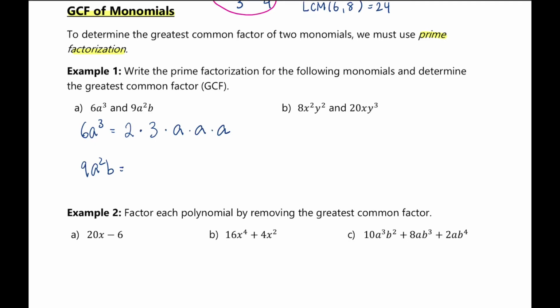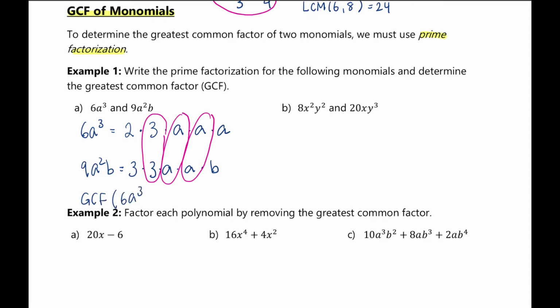I know 9 is divisible by 3. So 3 times 3 is 9. There's a squared, so two a's are here. And then 1b. So we need to first find a common factor. There's 3 in both, a in both, and another a in both terms. So we can say that GCF of 6a cubed and 9a squared b equals 3a squared.